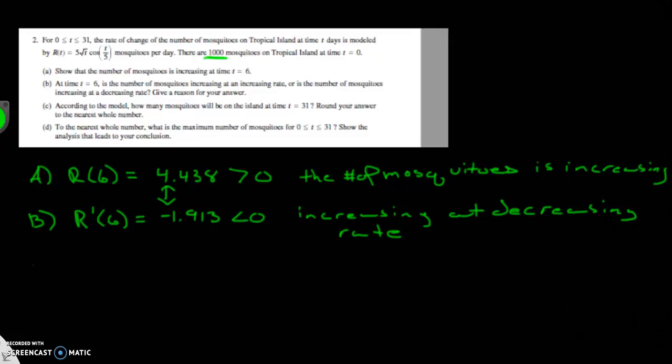Okay, part C. According to the model, how many mosquitoes will be on the island at t = 31? Round your answer to the nearest whole number. So when you solve this, you have to account for the initial 1,000.